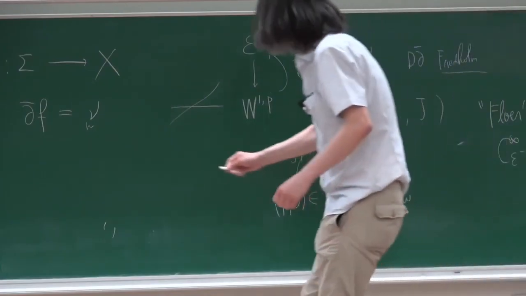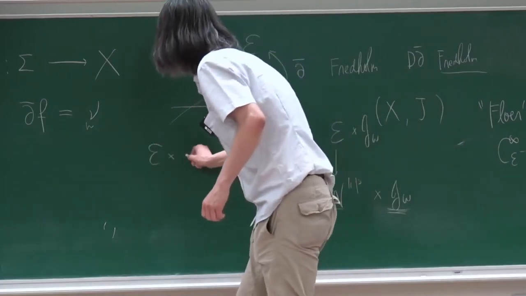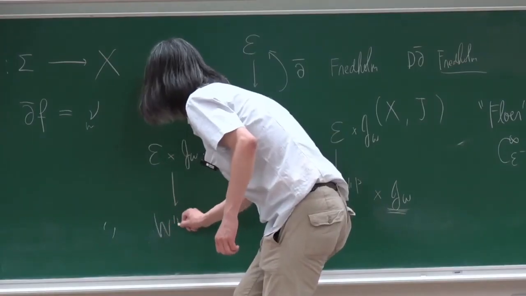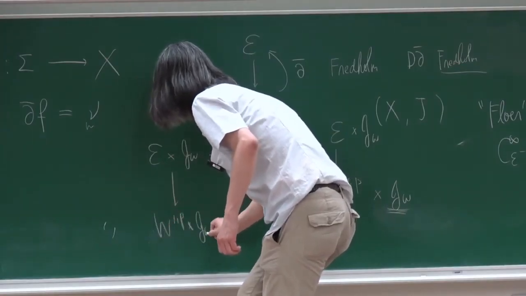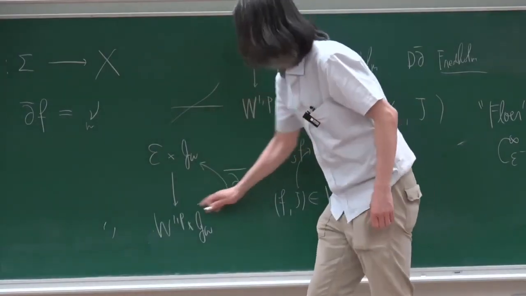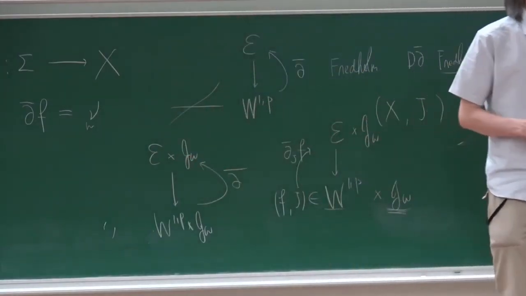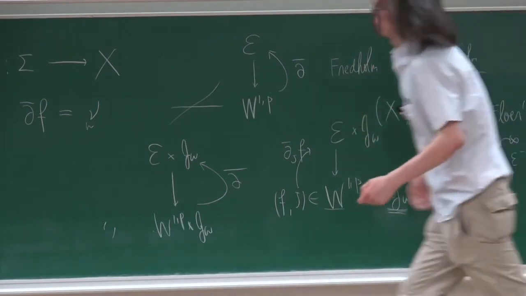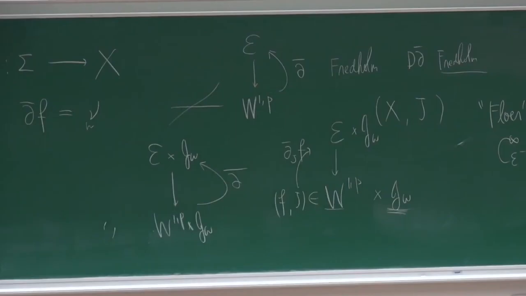So now, in this case, it may be possible to make this transversal to the zero section. Maybe better to say the following, and I write it more precisely.